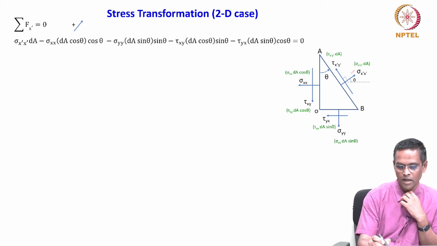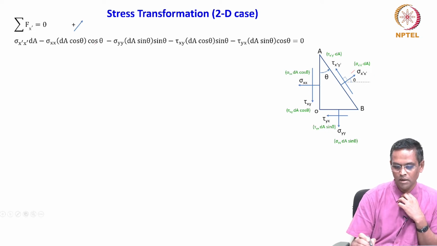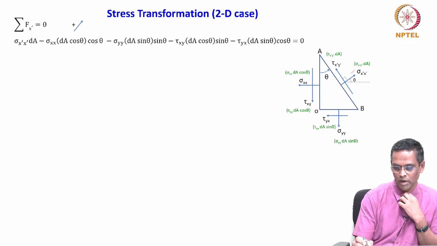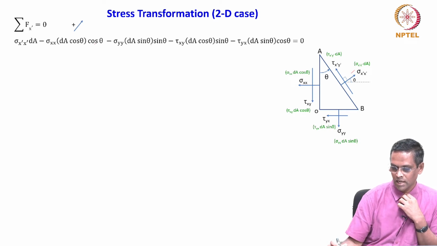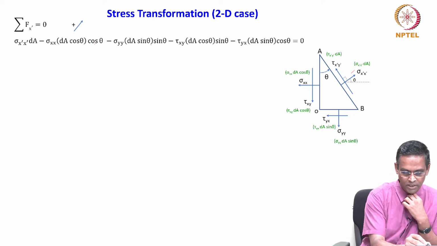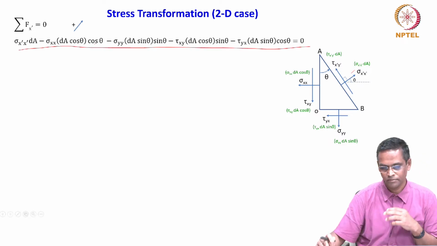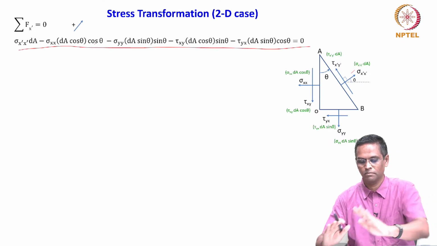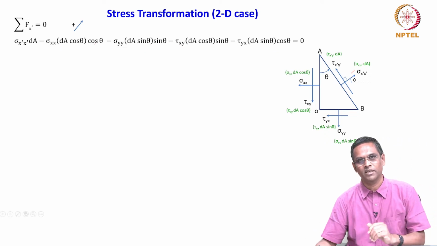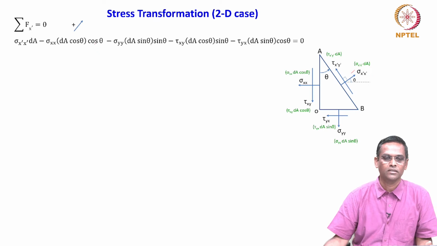Then tau xy is again negative, minus tau xy dA cos theta sin theta, and minus tau yx dA sin theta cos theta. So, if you write this one-line equation by looking at this diagram, then everything will be clear. You do not have to worry about it, right.